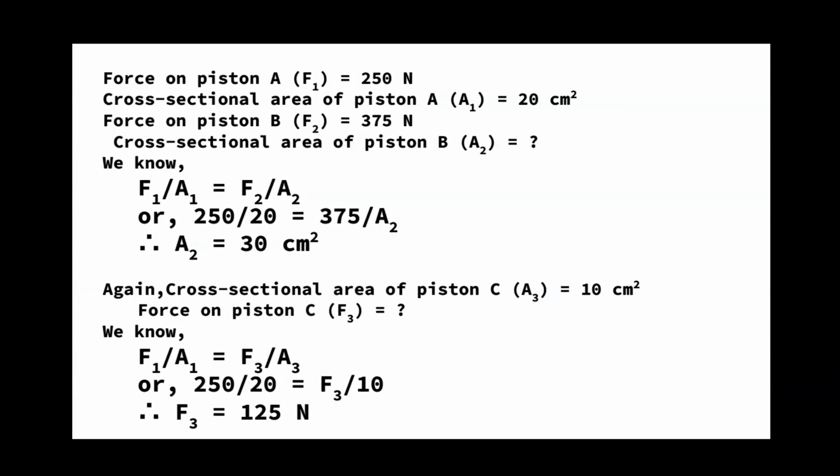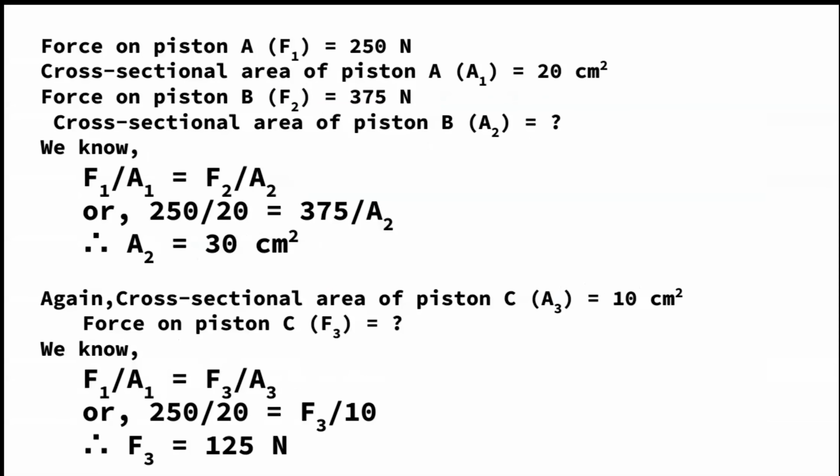According to the question, the force on piston A, which we have denoted as F1, is 250 Newton. The cross-sectional area of piston A, denoted by A1, is 20 centimeter square. These are given in the diagram.